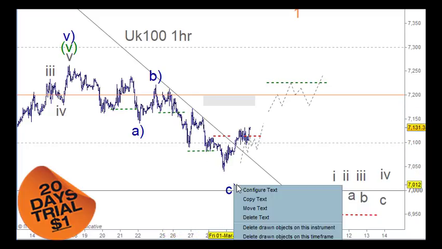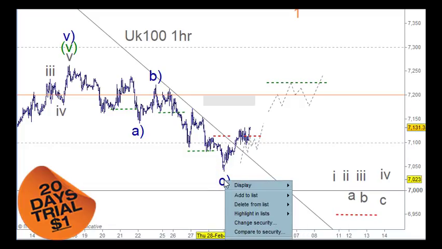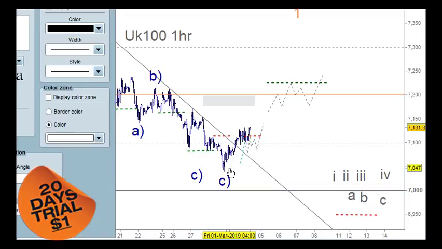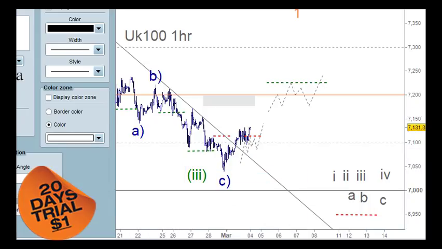So it's possible now to put this in here. Yes, it's also possible to have this as some particular 3rd wave in here as well. I don't know that just yet, but it's possible. So depending on how far this rallies, I'll just put that in as an alternative count there.